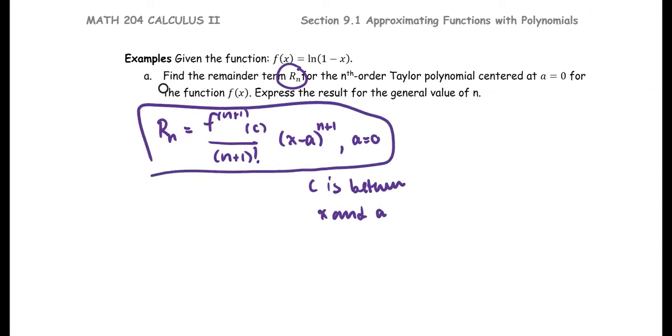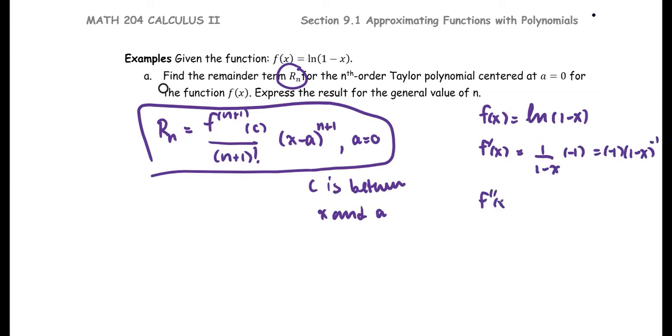Now we are going to find the pattern of the n plus 1 derivative of the function f on the side notes here. Since the function f of x equals the natural log of 1 minus x, the first derivative is 1 over 1 minus x multiplied by negative 1, or negative 1 multiplied by 1 minus x to the negative first.